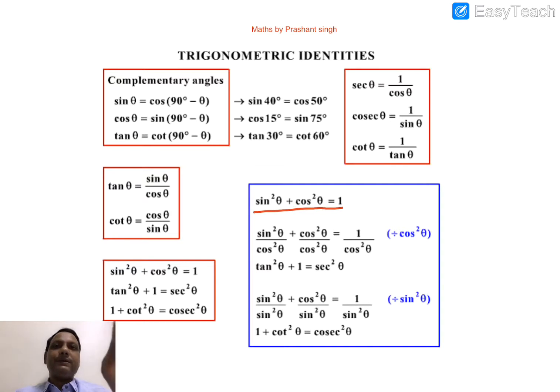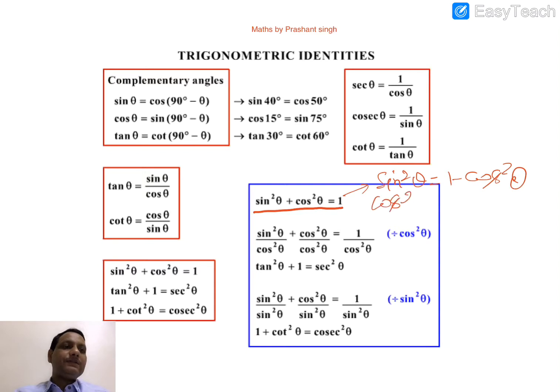So from here we can also write sine square theta is equal to 1 minus cos square theta, and cos square theta is equal to 1 minus sine square theta.